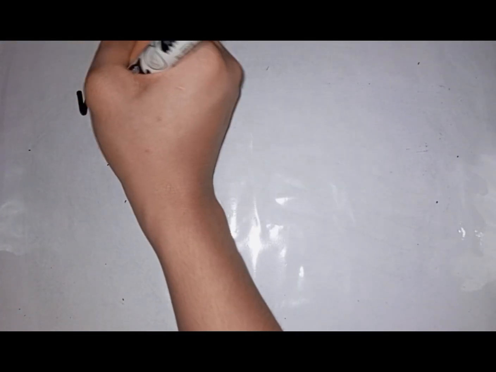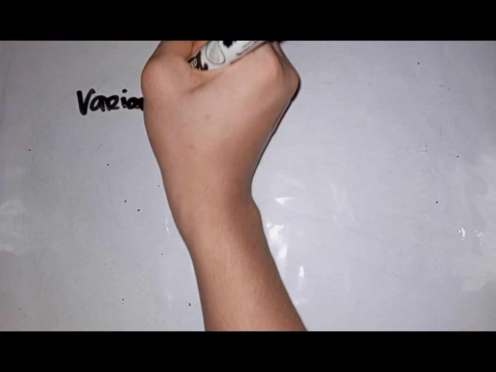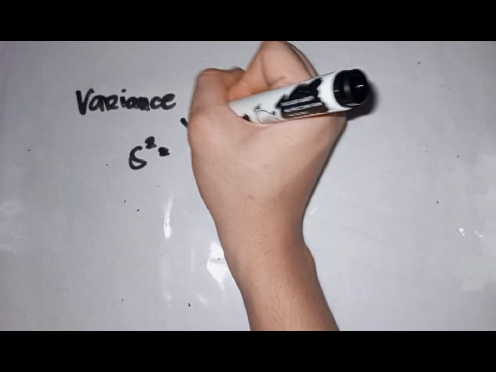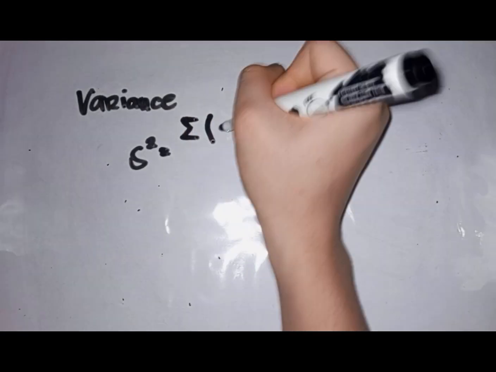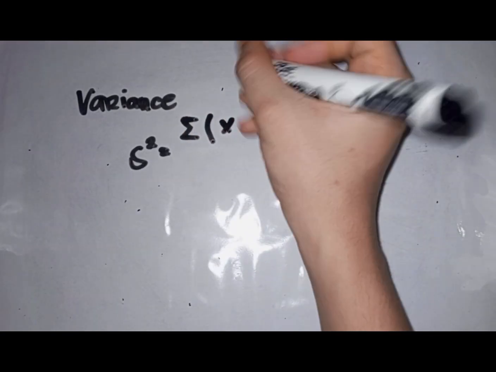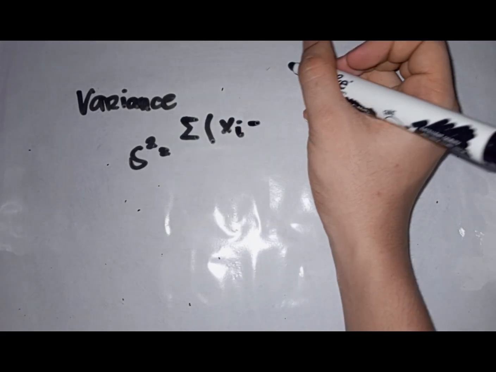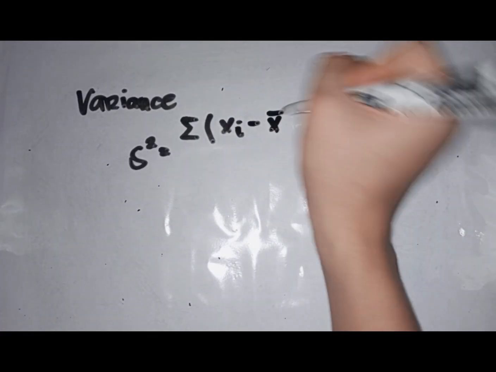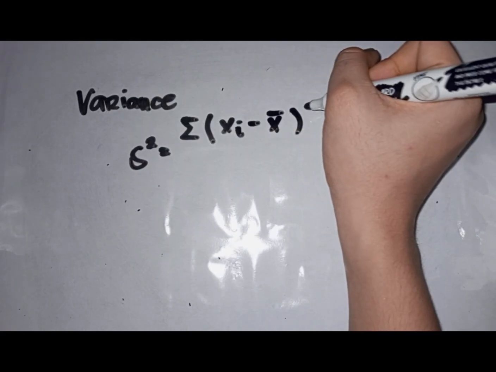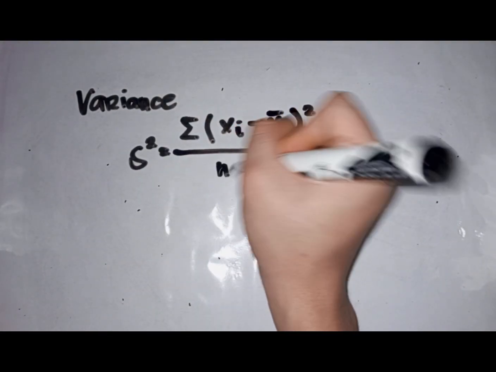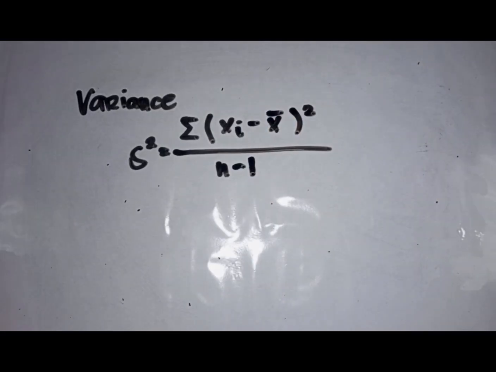So our formula for the variance is s squared equal to the summation of each individual point minus the mean, raised to 2, over n minus 1.